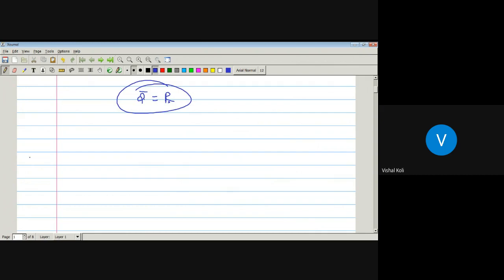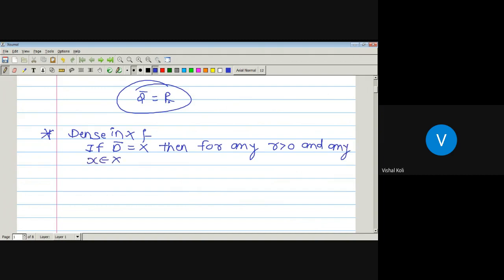So let us see what it means to be dense in X. D is dense in capital X if the closure of D is equal to X. Then for any R greater than 0 and any X belonging to capital X, the open ball about X of radius R intersected with D is non-empty.